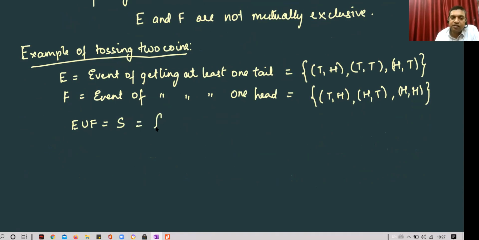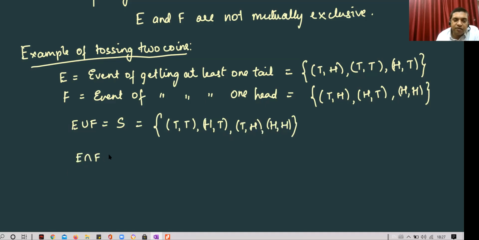All possibilities: tail tail, tail head, head tail, head head. Okay. What is E intersection F? What are the intersecting terms? TH, HT.